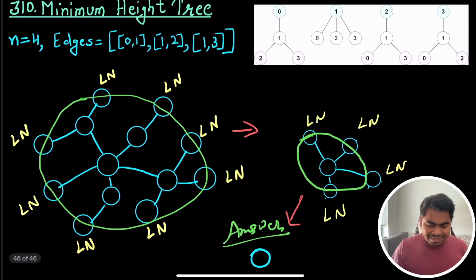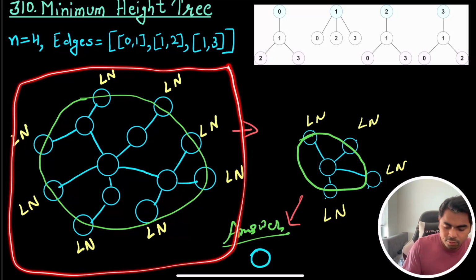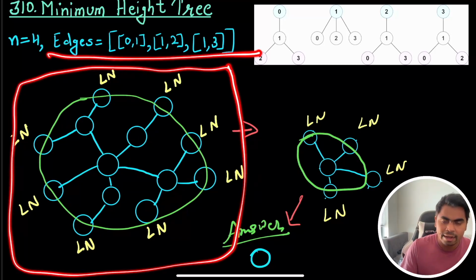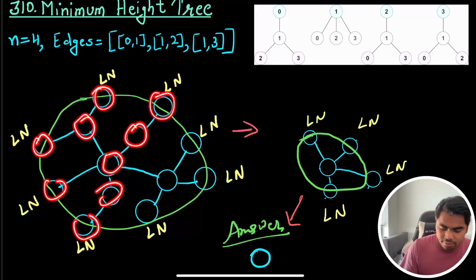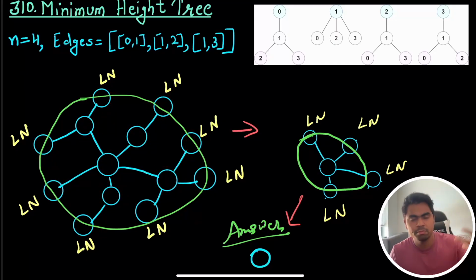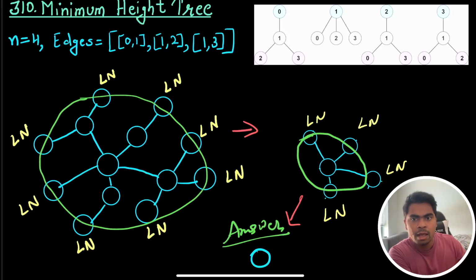So our step would be simply, you visit the entire graph or create this graph using these edges, create the graph adjacency list. But at the same time, for each of these nodes, maintain some data structure, most likely an array that will keep track of in degrees. That means incoming edges. Why do we need that? So that we can track which nodes are the leaf nodes, because those are the nodes I will be pruning, and I will be updating my in degree and graph.